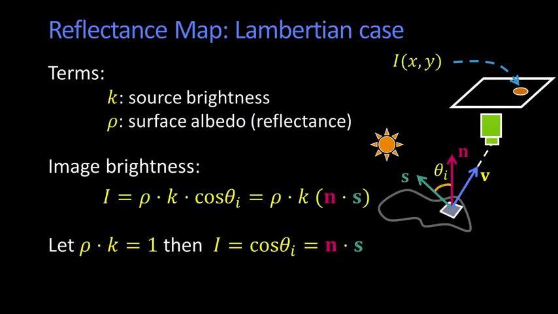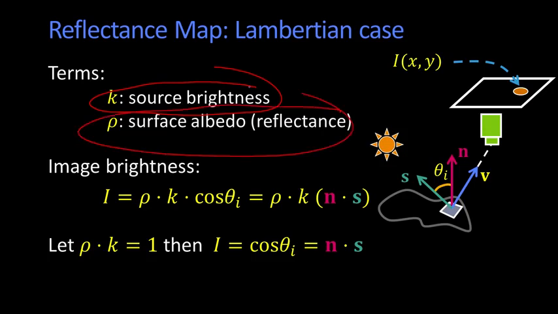Let's first consider the Lambertian case. Here we have our same math again. We assume some source brightness, which we'll call K, and some surface albedo, rho. We use the same equation as before: rho times K times the cosine of the incident angle, the angle between the source and the normal, determines how bright our image is.